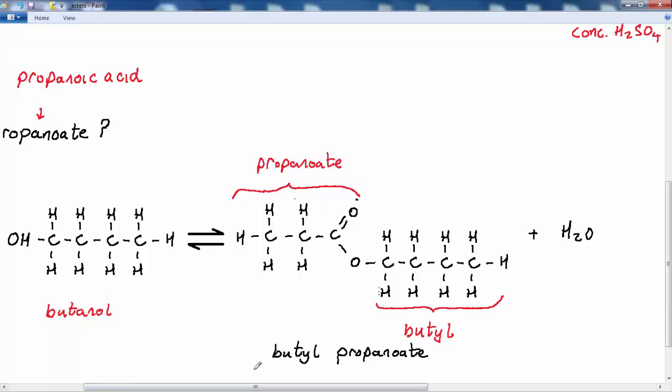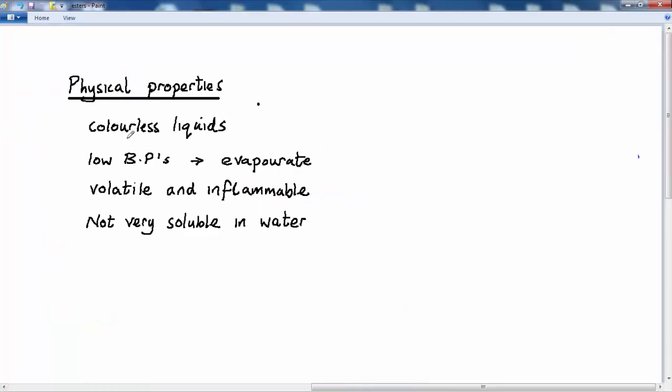So let's just quickly look at the physical and chemical properties of the esters. Firstly, they are colourless liquids. As you've already seen, they are quite large molecules, so there are larger surface areas involved, which means larger intermolecular forces, which means that they are liquids at room temperature, but they do tend to have low boiling points, which means that they evaporate easily, which makes them quite volatile, and they are also inflammable, so they will burn easily.